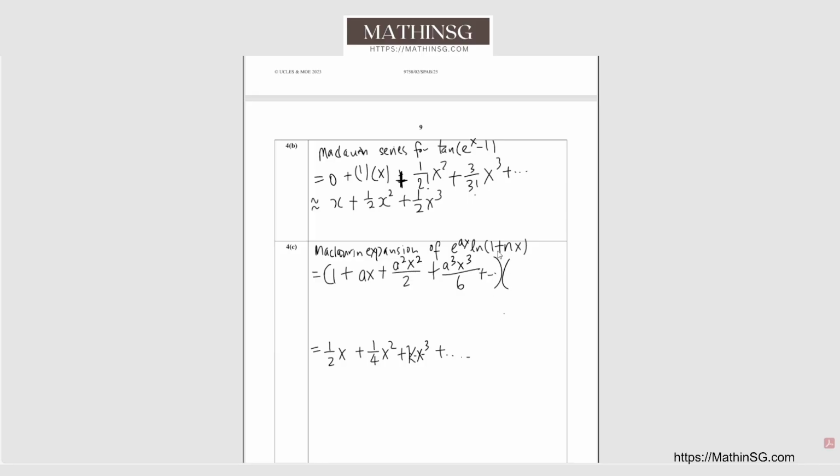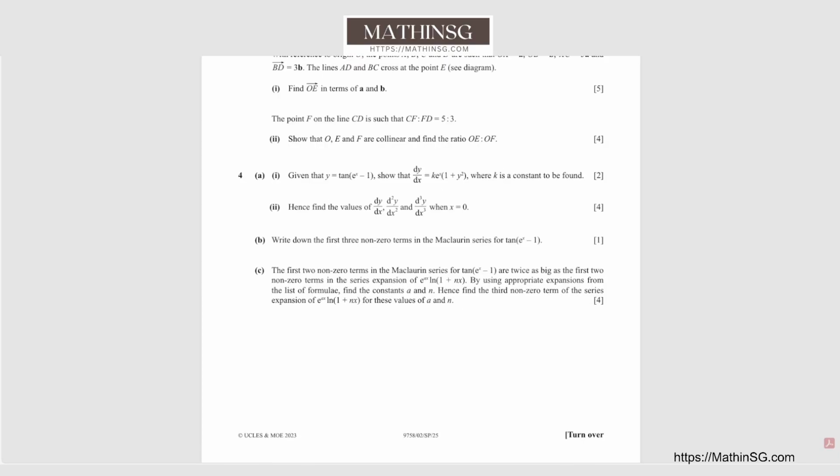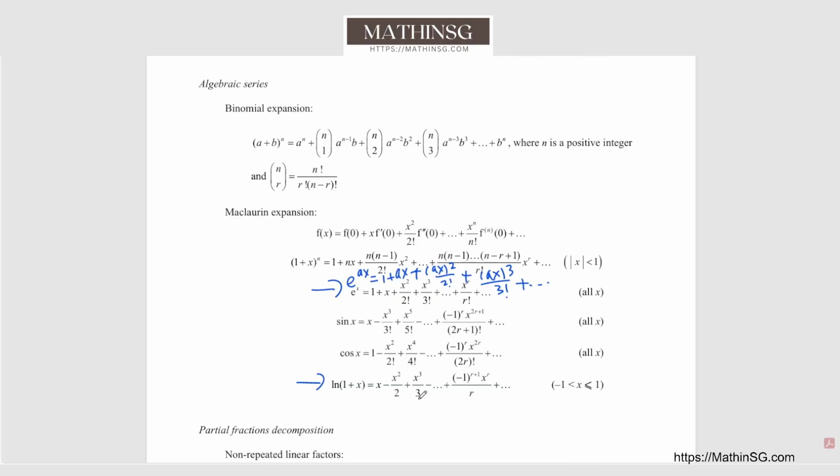Then next I need to expand ln 1 plus nx. Same thing, I'm going to use this expression and expand until the x cubed term. If I have ln 1 plus nx, I replace all the x with nx. So it's equal to nx minus nx whole thing squared over 2 plus nx whole thing cubed over 3.